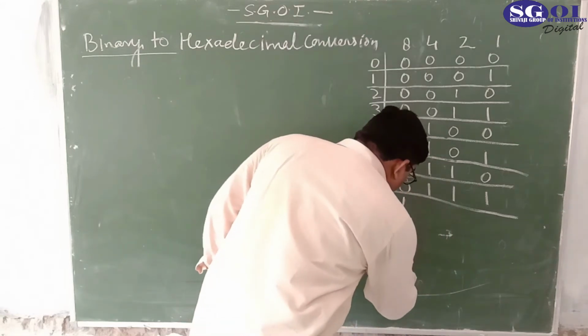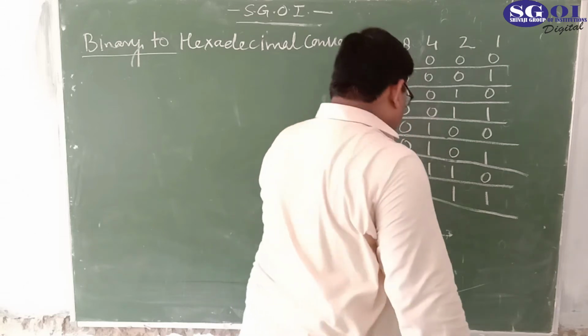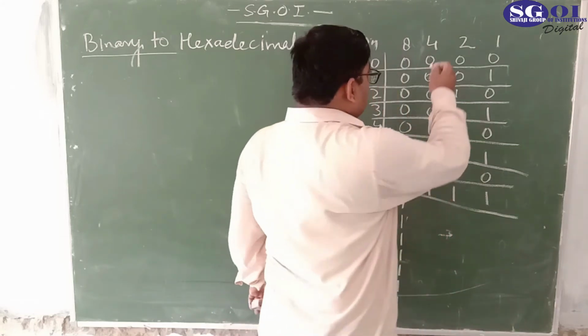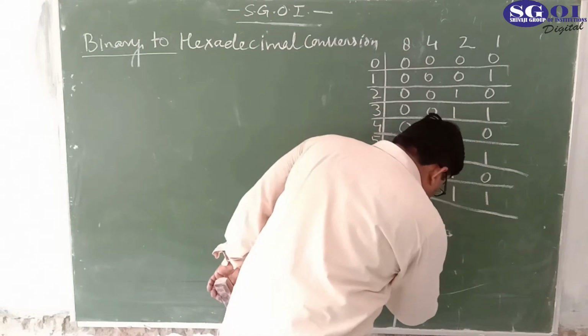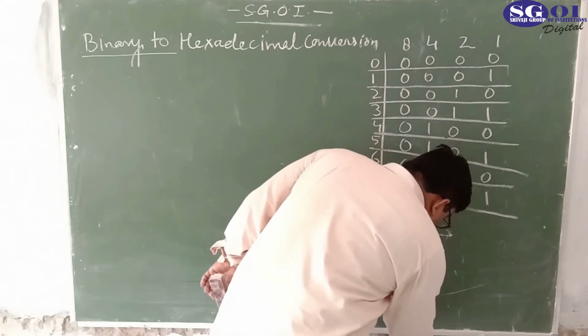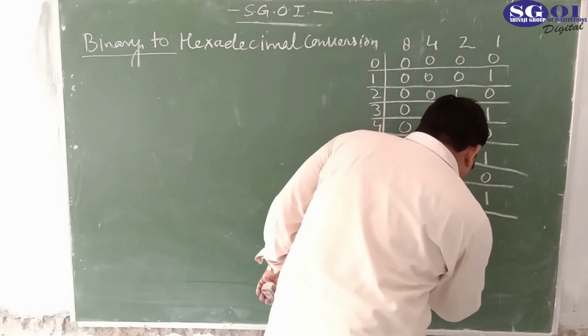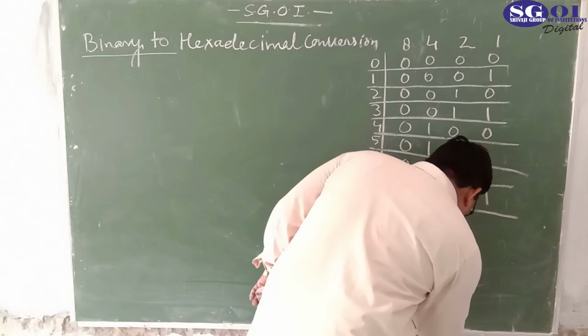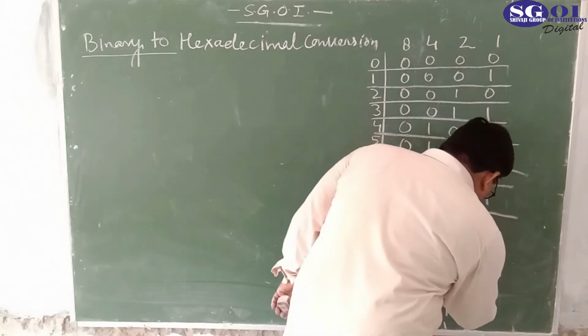We write 4 times 0, 4 times 1, 4 times 0, 4 times 1, then 2 times 0, 2 times 1, and alternating 0 1 0 1.